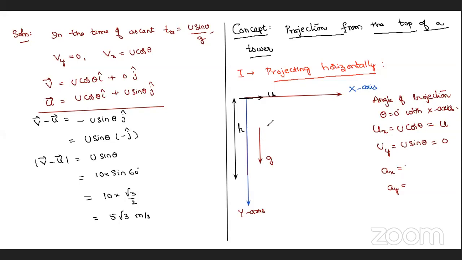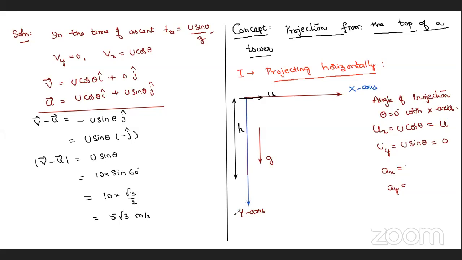Are you getting any component along y-axis? Very good. I think you did not mention the sign properly. Look at my y-axis. Downward is my positive y-axis, not upwards. All of you are typing wrongly.